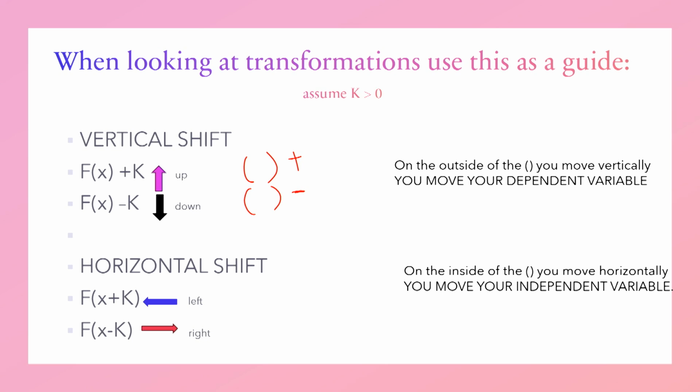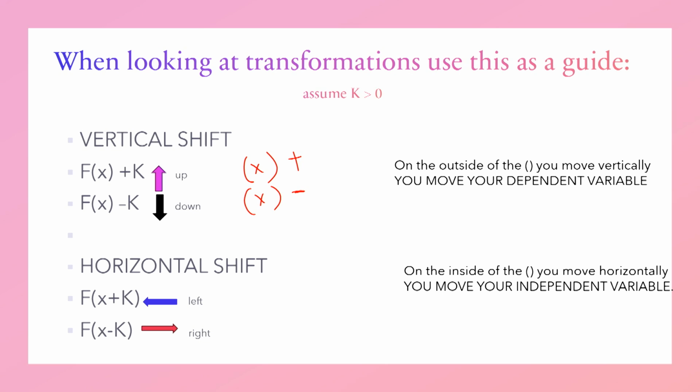Well, you're probably sitting there asking, Miss Killen, what's inside the parentheses? Your x is inside your parentheses. So if you are shifting up or down, you are adding to the equation. Now, when I am on the outside of my parentheses, you move vertically, you move your dependent variable.